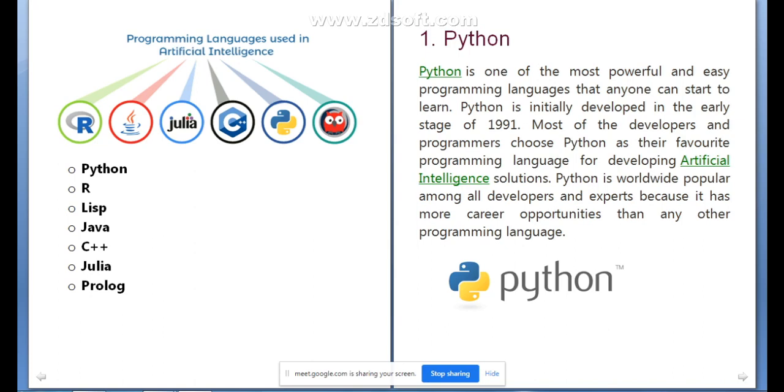Python is worldwide popular among all developers and experts because it has more career opportunities than any other programming language. It is an object oriented language, I think so. Am I right? Yes, sir. Okay.